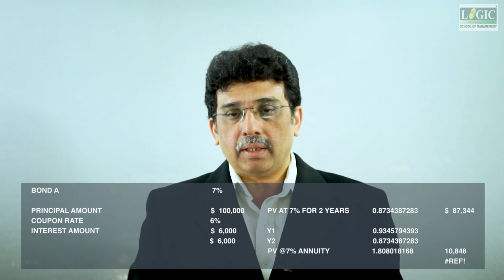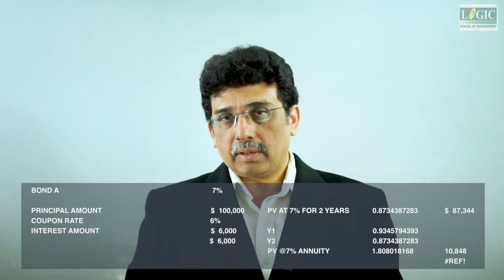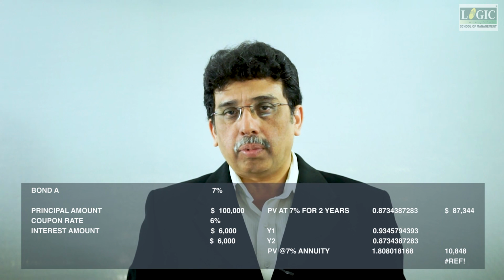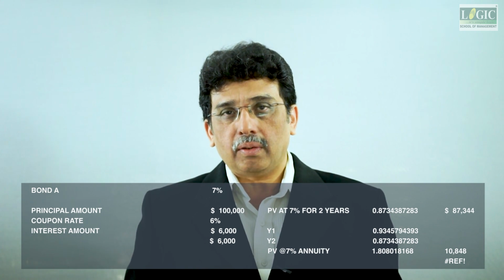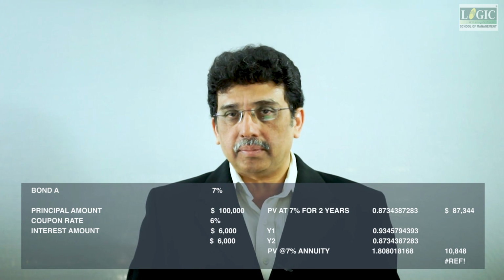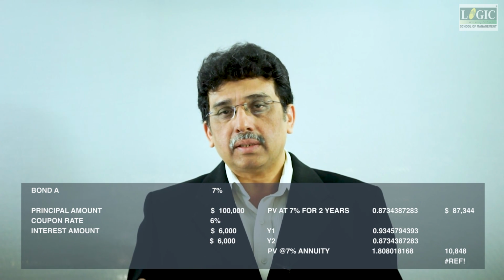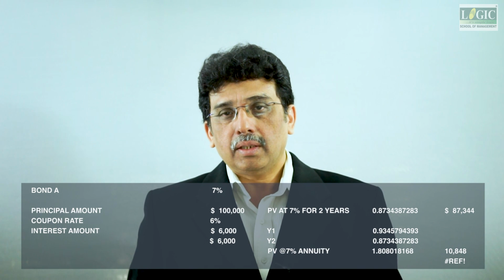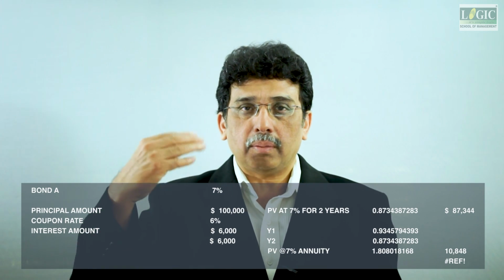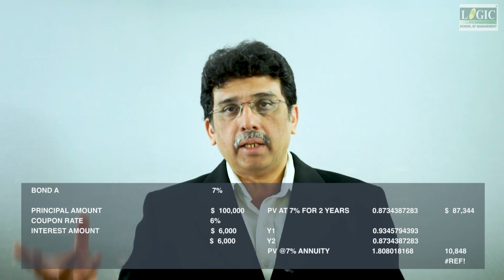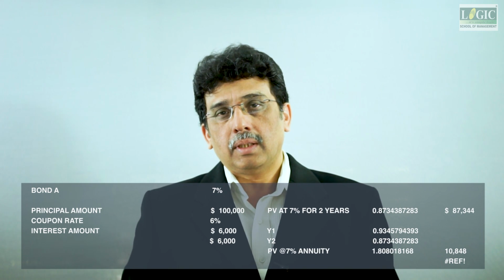So the sum of it, as shown on your screens, is 1.808. So 1.808 multiplied by 6,000 will give us 10,848. So now 10,848 is the present value of all interest payments. Add this to the present value of the principal amount and you have the value of the bond.